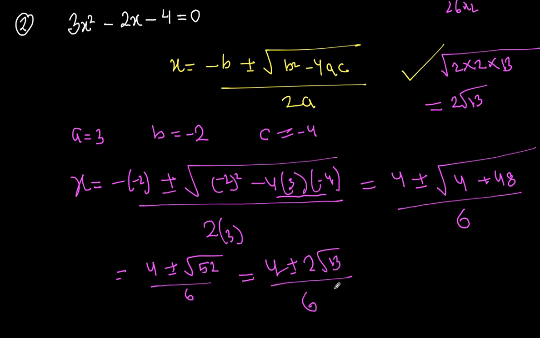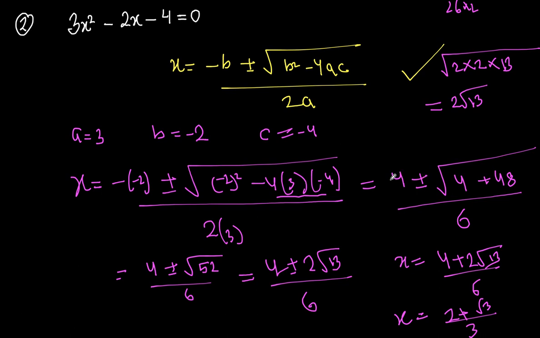over 6. So one time I have to take positive and one time I have to take negative. If I'm taking positive, my x will be 4 plus 2 root 13 over 6. If you divide everything by 2, it will give you 2 plus root 13 over 3.